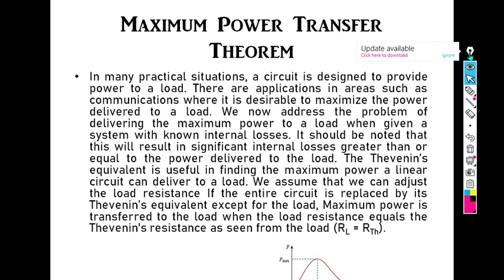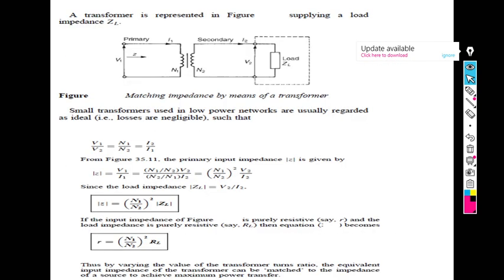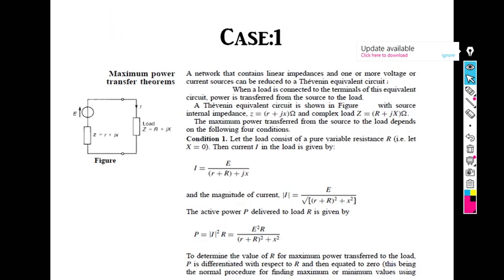Now in AC circuit, we consider that there is not only resistance, there is an impedance in the circuit. When we have solved the Thevenin's problem, we have seen that we have got an impedance and the open circuit voltage, VOC and ZTH.